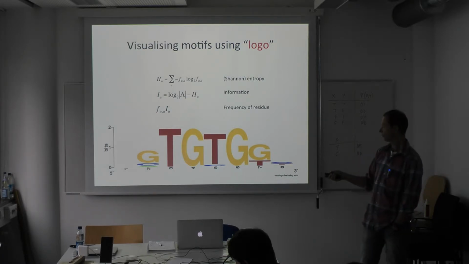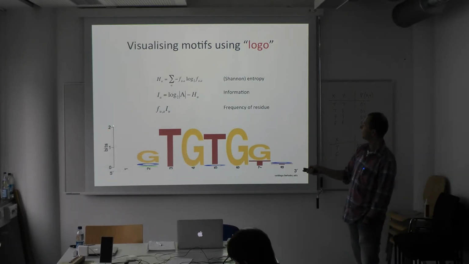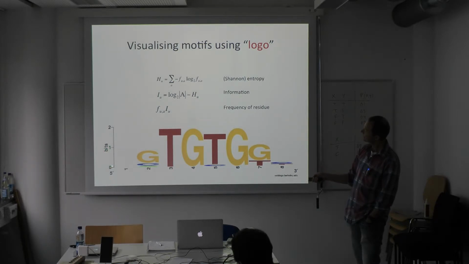So 2. That's the maximum height. If we look at this diagram here, the y-axis has the unit bits. We have 0 up to 2. That's the maximum value that we can get, the maximum height for any one position.